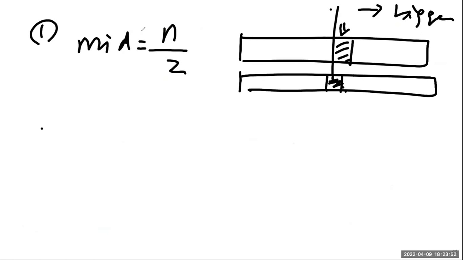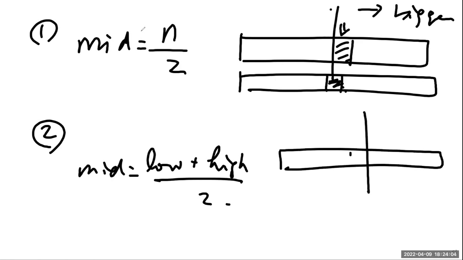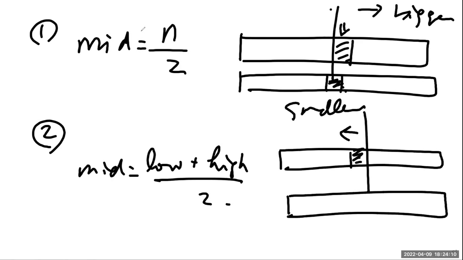Second way, you do the middle value equals low, the index of the first element, plus high, divided by 2. This one gives the middle value on the smaller side, or if it's an odd number, it will be right in the middle. These are the two systems, and we are going to use them pretty soon. Any question?